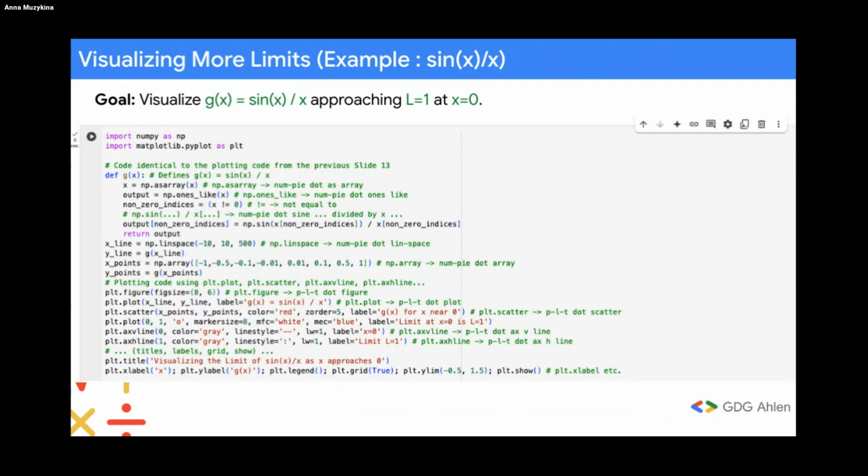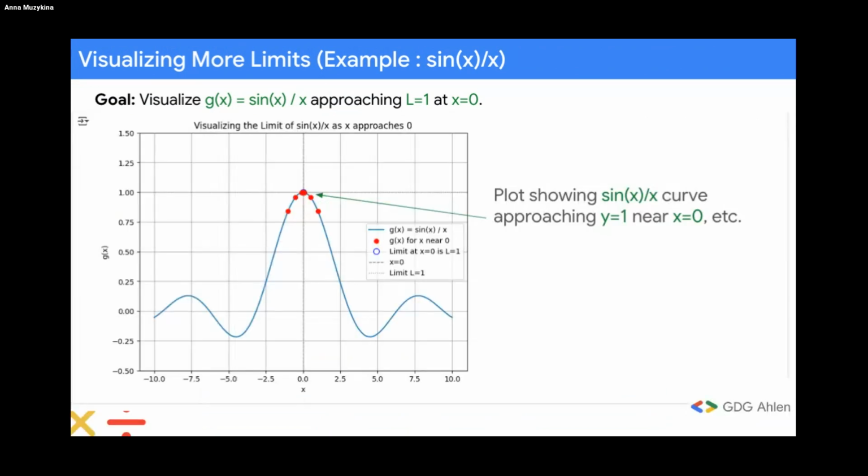It uses plt.plot, plt.scatter, plt.axvline, and plt.axhline to draw the curve, points near 0, the limit point, and guidelines to guide observation of the plot. So the plot shows the sine of x divided by x curve approaching 1 as x approaches 0, visually confirming the limit.